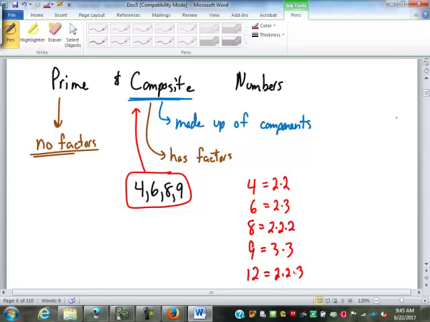So if you can divide by 2 twice and 3, you can divide by 12. And technically the divisibility rule for 12 is if you can divide by 4 and 3, you can divide by 12. So you don't need divisibility rules for these larger numbers because we can cover it by looking at the divisibility rules for its factors. So any composite number you don't need a divisibility rule for.